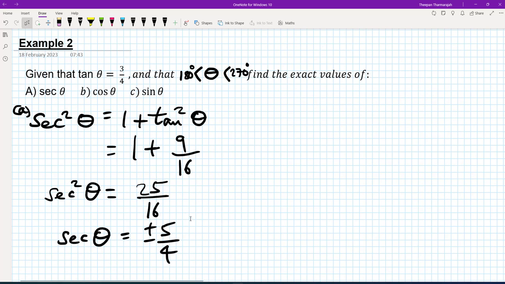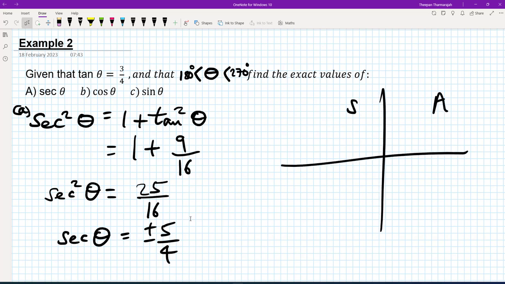If theta lies between 180 and 270, it means it lies here in the third quadrant. So cosine is negative in that quadrant.